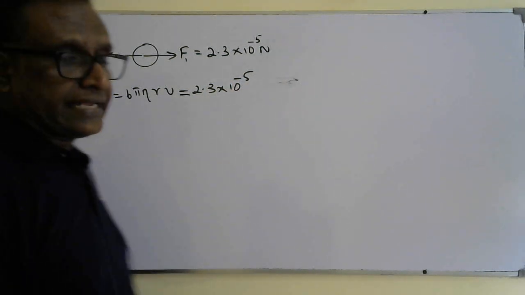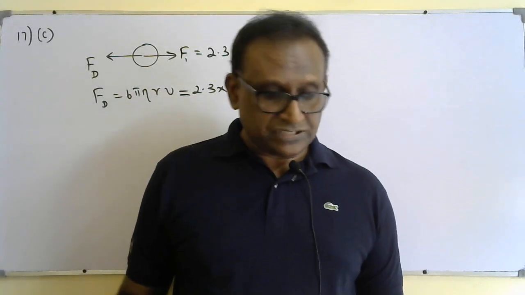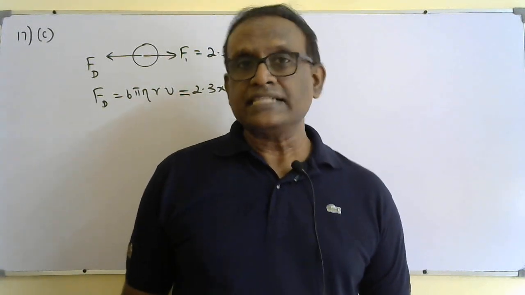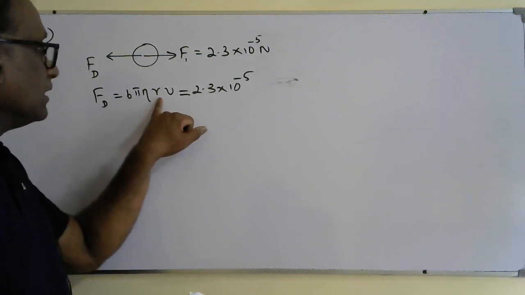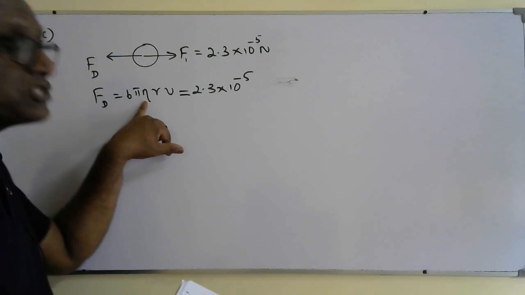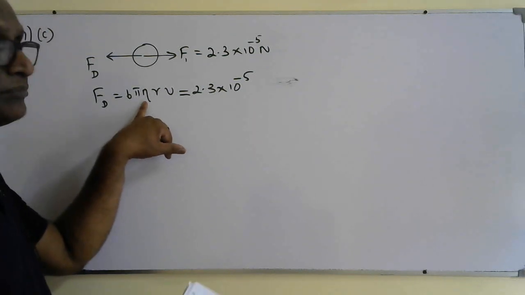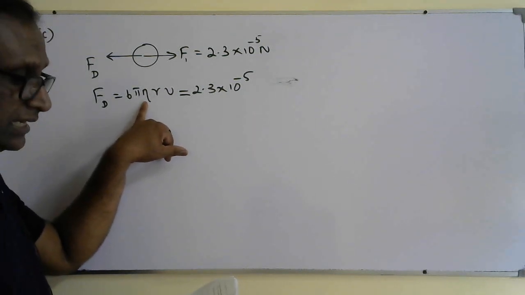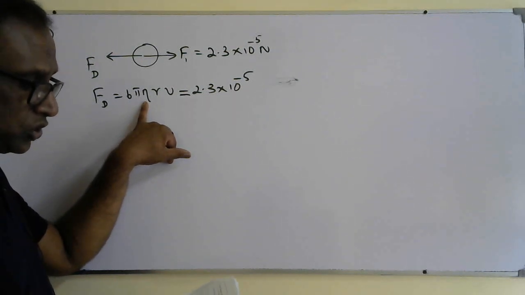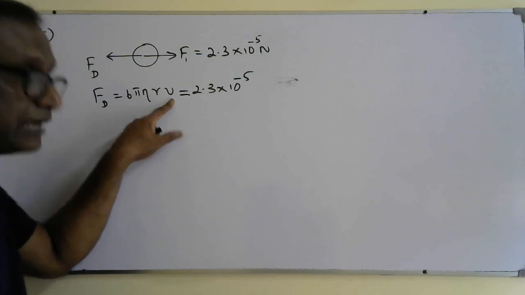So now what is happening? For the larger sphere, they are using a larger diameter, which means R is going to be larger, and the temperature of the liquid is lower, which means viscosity is going to be larger. So what will happen to the terminal speed?